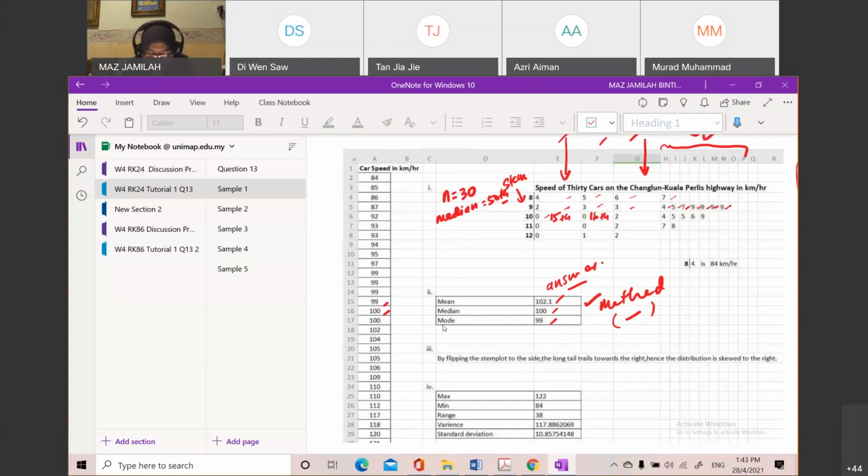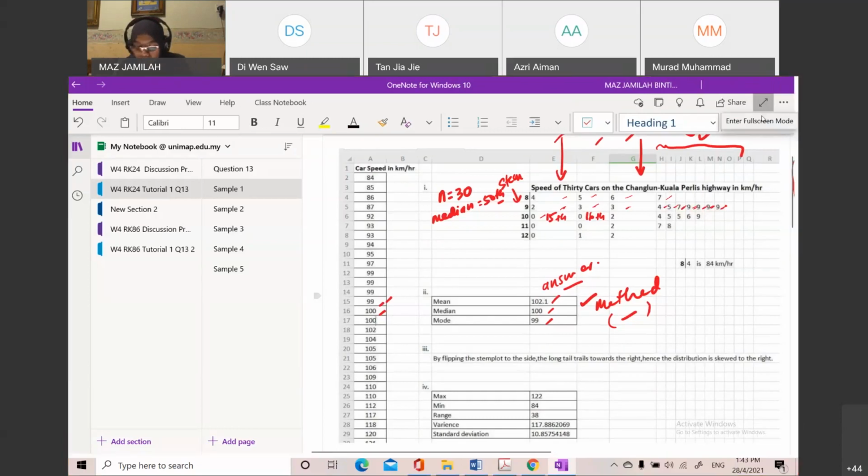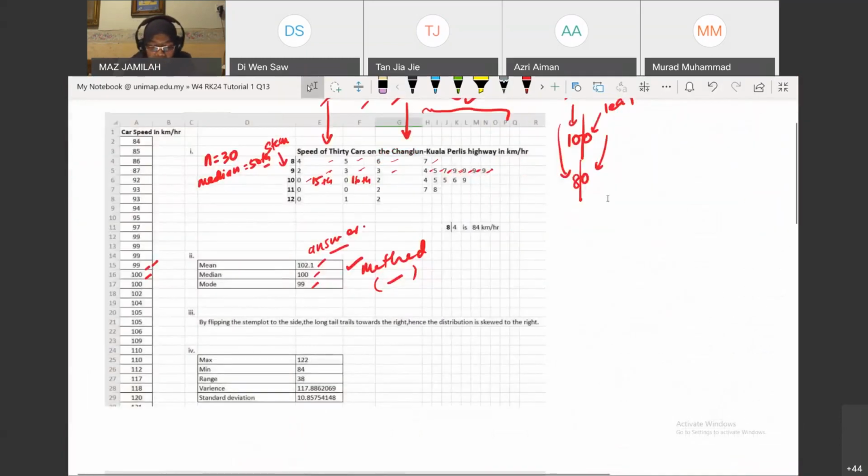Now 15 is 99. But here, can someone help me? Is it too small? Let me count again: 1 to 15. So this student got it wrong. I think the student wrongly plotted the data.